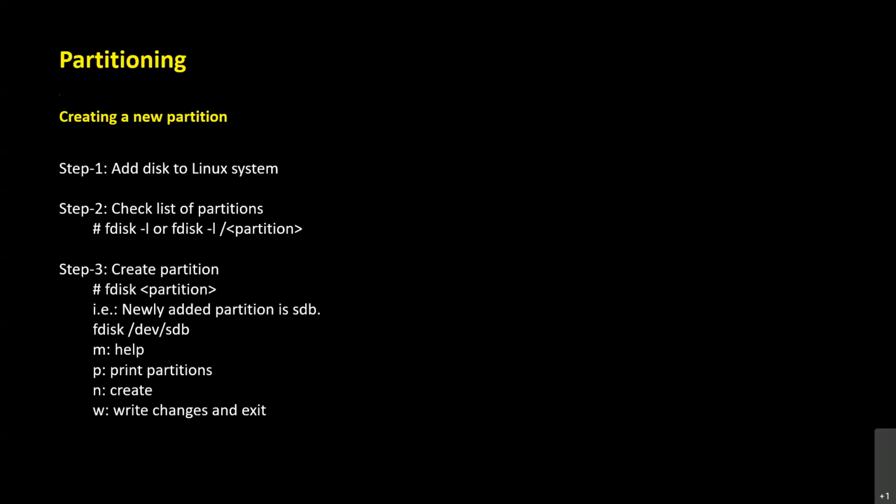For example, if you have added a SCSI disk, then it will show as /dev/sda or /dev/sdb. So if it is sdb, then you can simply use fdisk /dev/sdb, and then it prompts some options. You can select n to create and w to write changes and exit.